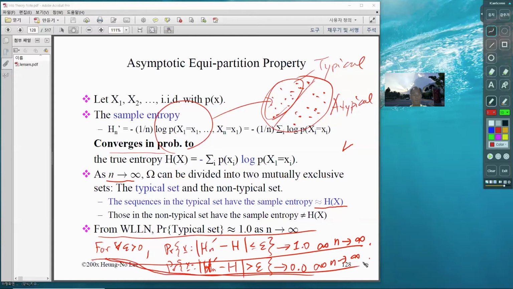I am going to give you another way in the page that follows. That is the law of large numbers result. This is the weak law of large numbers because we are talking about the law of large numbers in the sense of convergence in probability.